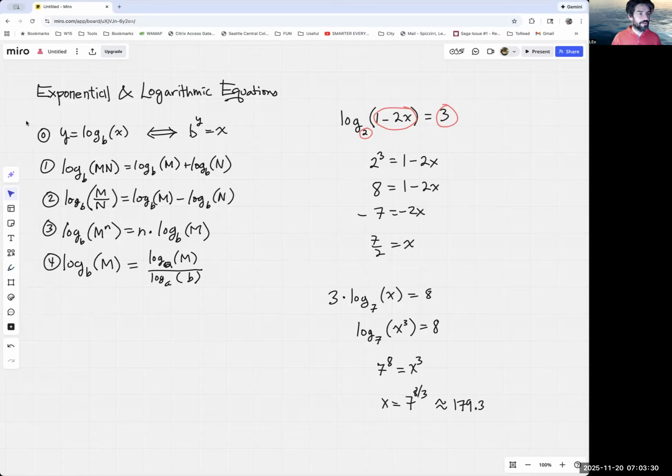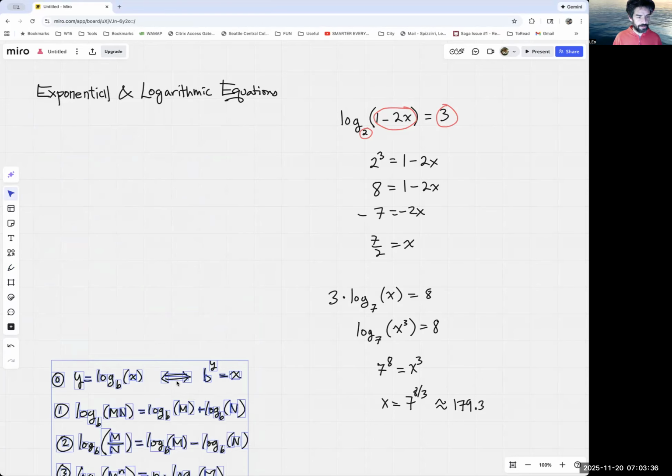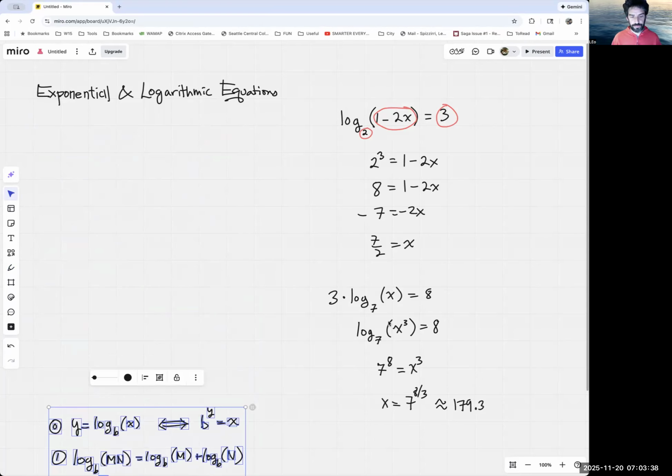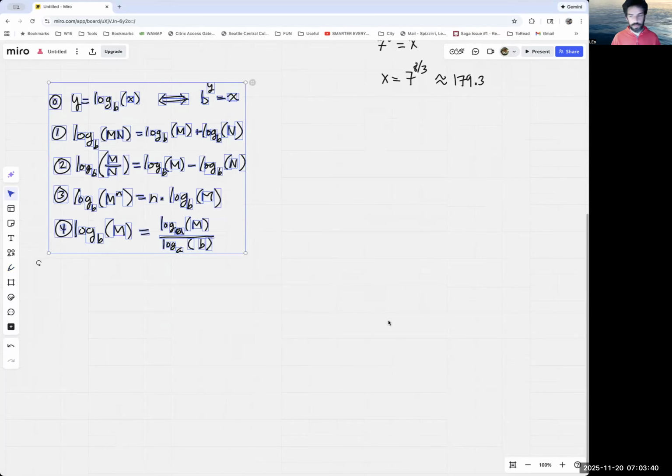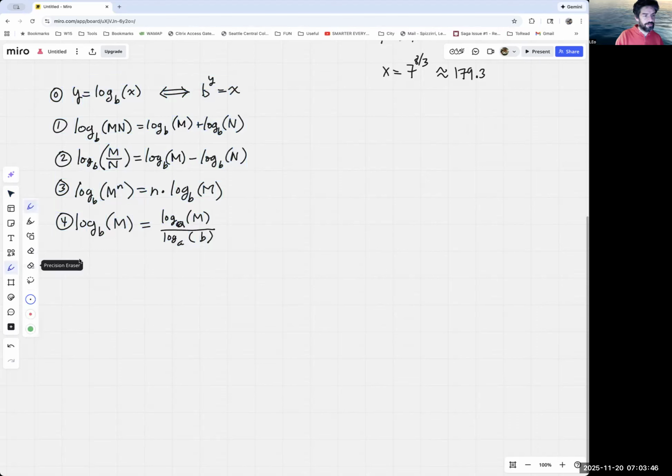Okay, let's keep going. I'm going to just move these with us as I scroll down so we can keep referencing them. All right. So our next equation I want to solve, let's look at 3 to the x equals 7.